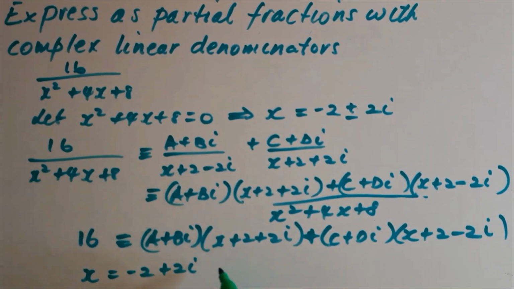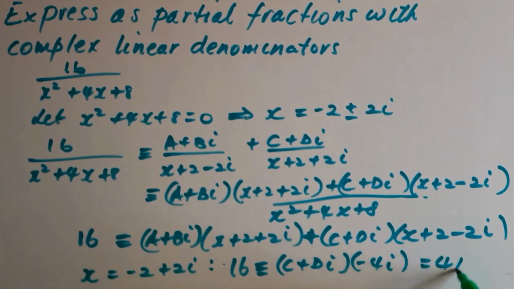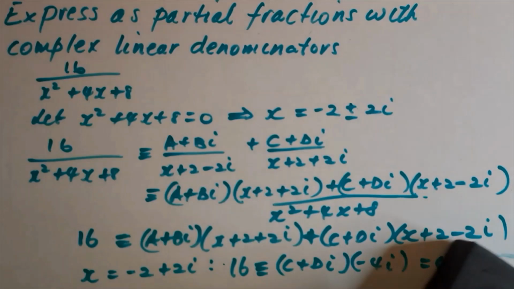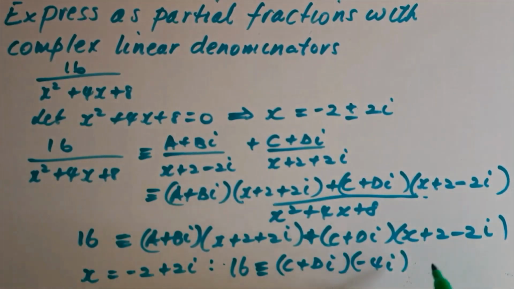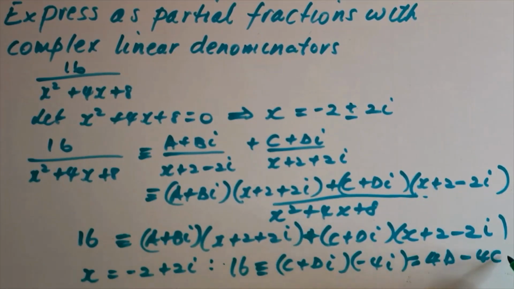With that we have 16 is equivalent to c add di times minus 4i, which is equal to 4d minus 4ci.